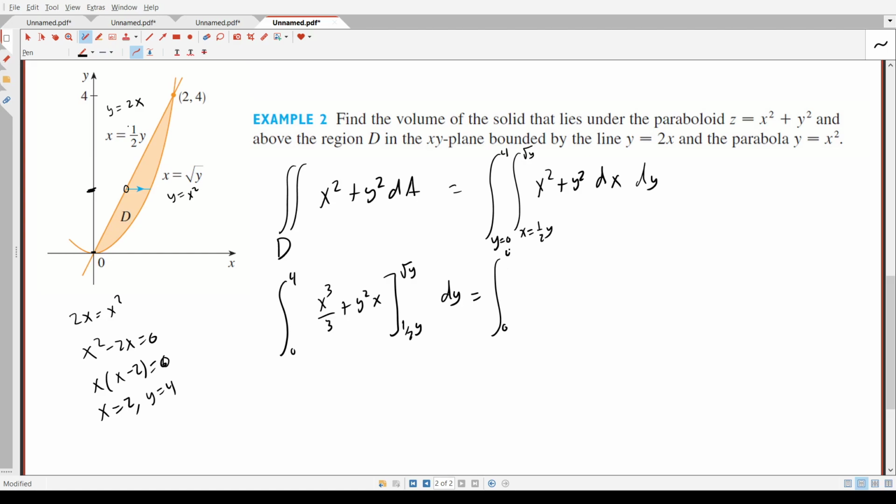I plug those in, and I have y to the 3/2 over 3 plus y squared times y to the 1/2, that's going to be y to the 5/2, minus 1/2 y cubed over 3, that's 1/8 times y cubed, because 1/2 cubed is 1/8, and then minus 1/2 y cubed, dy.